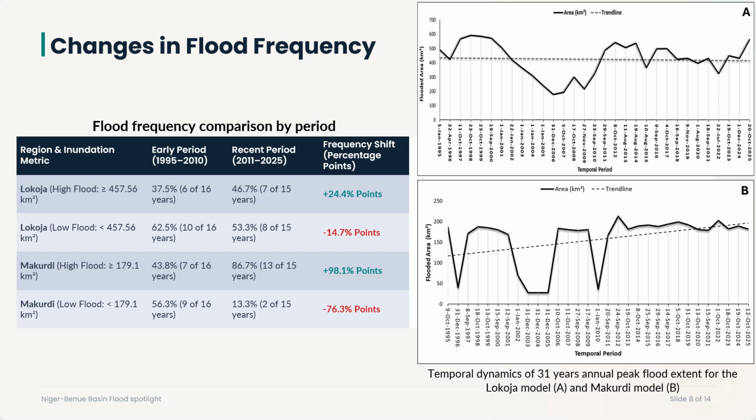Three major flood peaks were identified, each exceeding 500 square kilometers of inundation or submergence, occurring in the late 1990s, between 1997 and 2001, in the mid 2010s, captured between 2012 and 2014, and around 2025, with roughly 10 years interval between the extreme events.